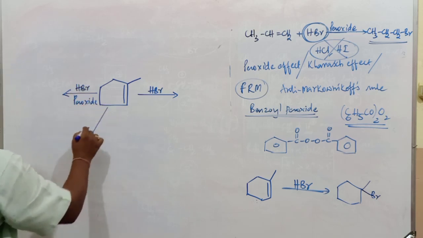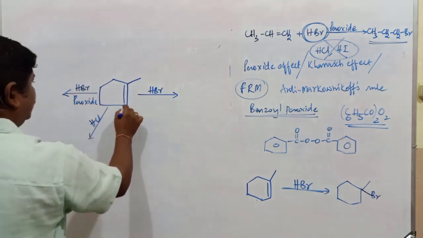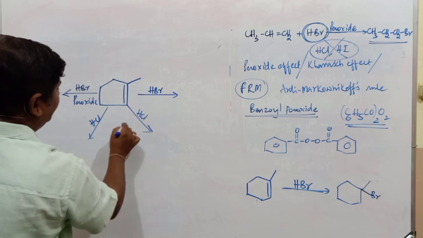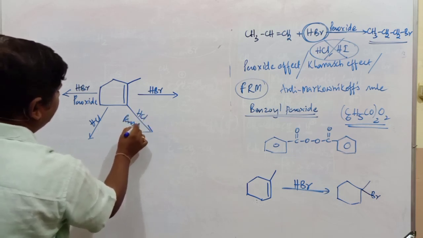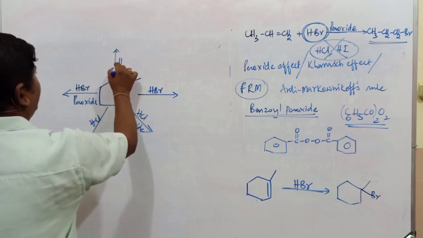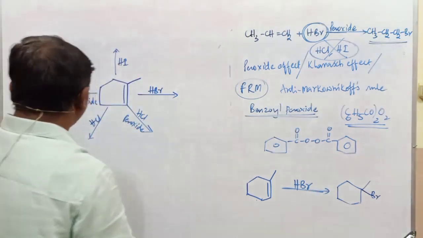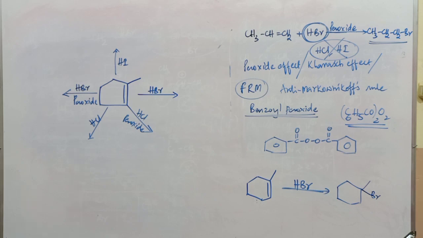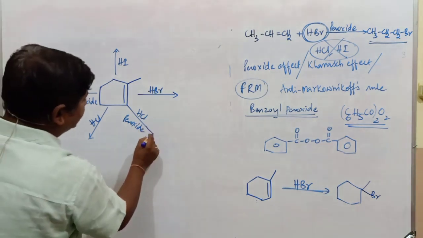When it is treated with HCl in presence of peroxide. When this is treated with another reagent, you can take HI. What is the nature of the product in these reactions?